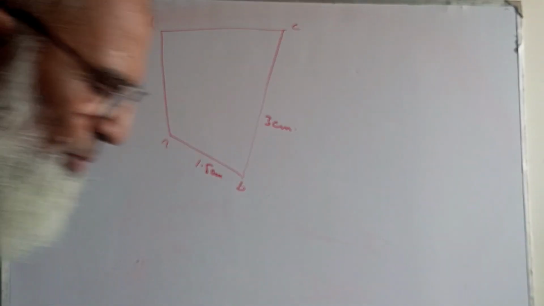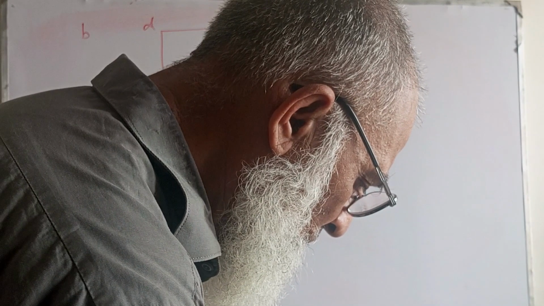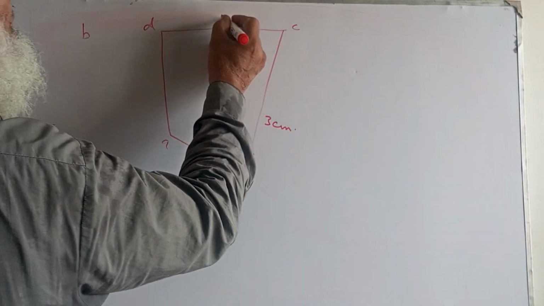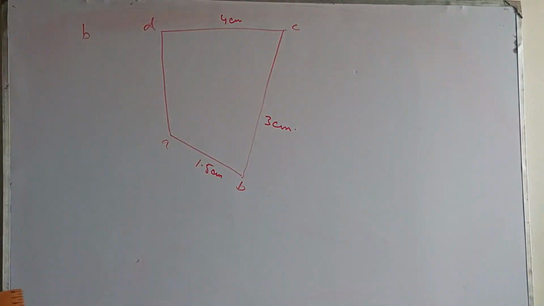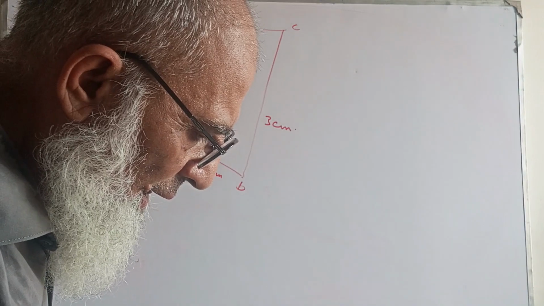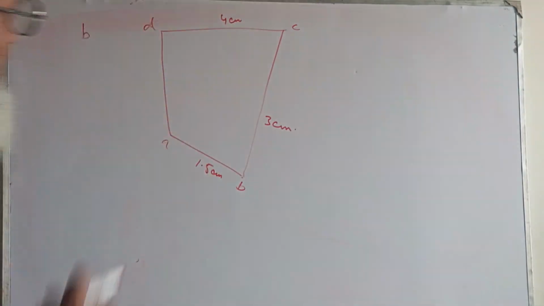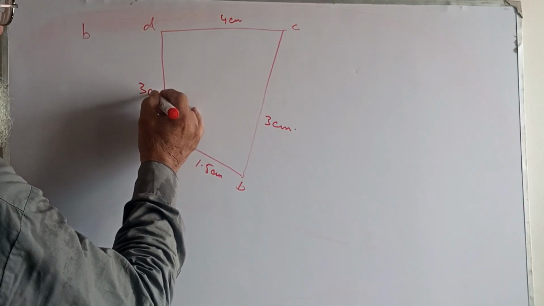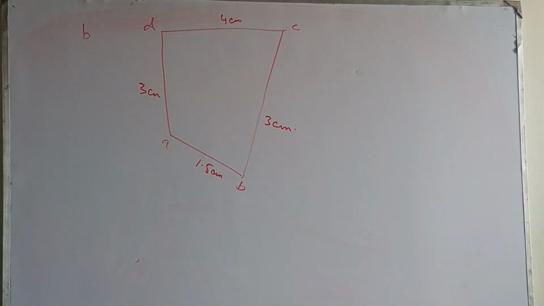This is in your book. 4 centimeter. I am measuring with this ruler, and again we have 3 centimeters over here. Okay, now we have to find the perimeter, so we need not do any constructions.